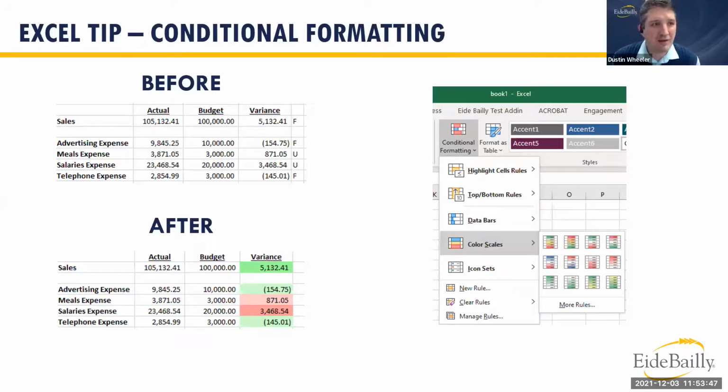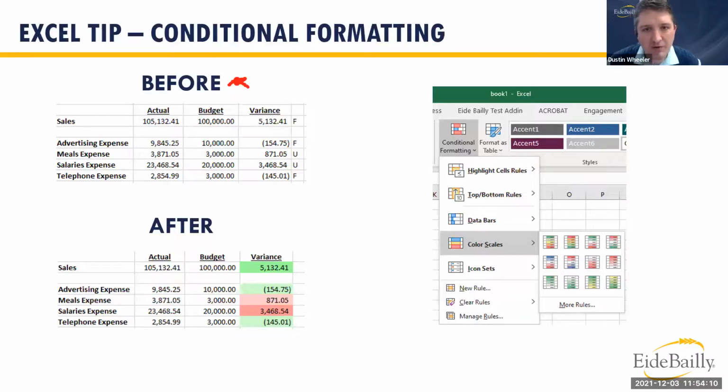And this is a tip in Excel, a feature called conditional formatting. So what you see right here, and I'm going to annotate the screen as I'm talking here, in this before column, this is kind of that traditional cash flow or budgeting report.